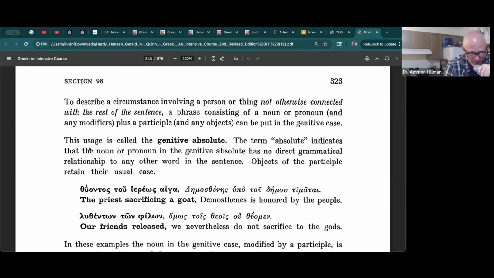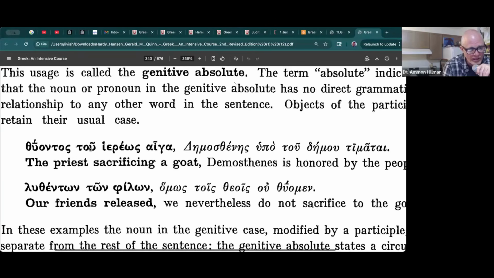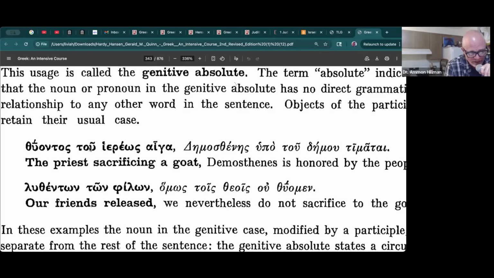Let's take a look. Thuontos tou hiereos aiga. Just stop right there and ask, do we have some genitives here? Yeah, we do. Thuontos, that is.